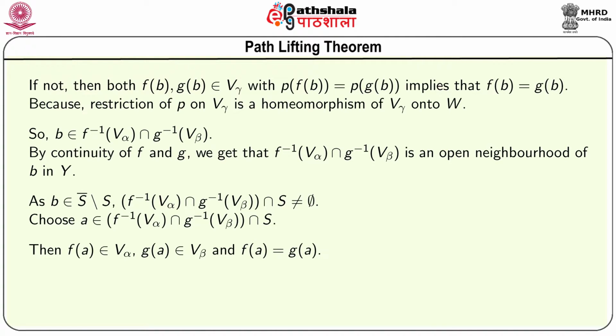Choose a point a from this intersection. Then f(a) is in V alpha, g(a) is in V beta, and f(a) and g(a) have the same value. Hence, V alpha intersection V beta is not equal to the empty set, which gives a contradiction. Consequently, S bar is equal to S, proving that S is a closed set.